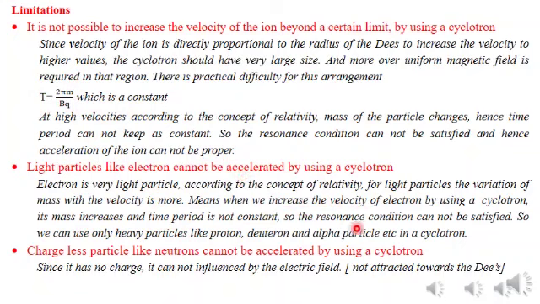So the resonance condition cannot be satisfied. Thus we can use only heavy particles like proton and alpha particle, etc., in cyclotron for the acceleration. The third limitation of cyclotron is chargeless particles like neutrons cannot be accelerated. Since it has no charge, it cannot be influenced by electric field of the disk. Means it cannot be attracted towards the disk.